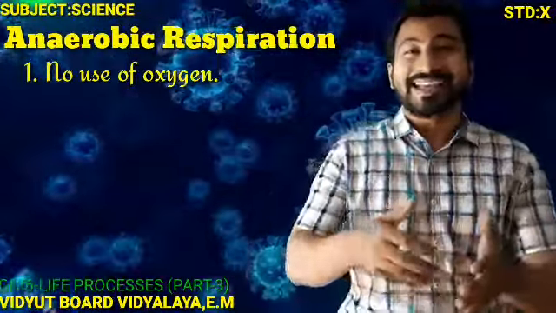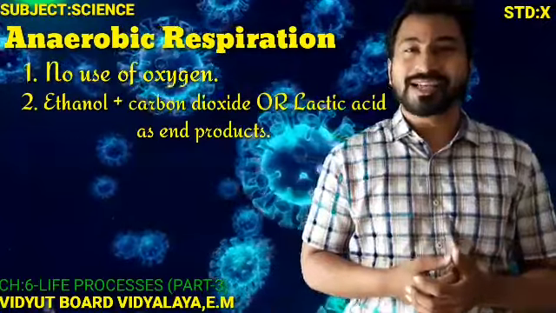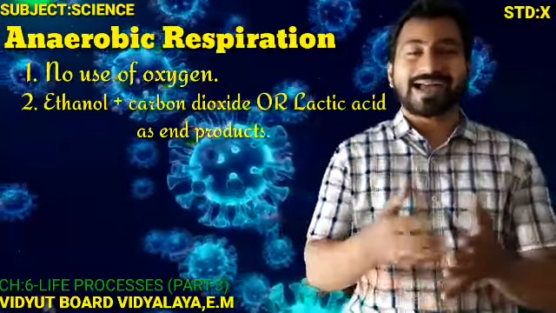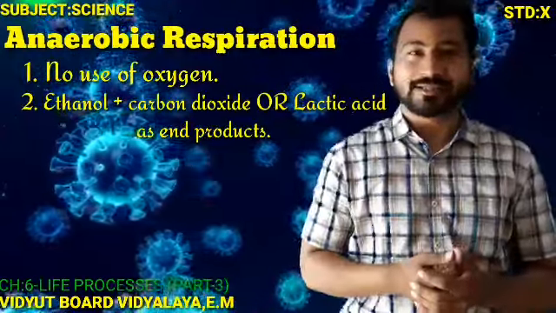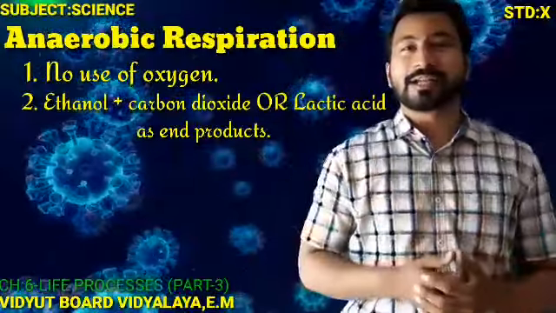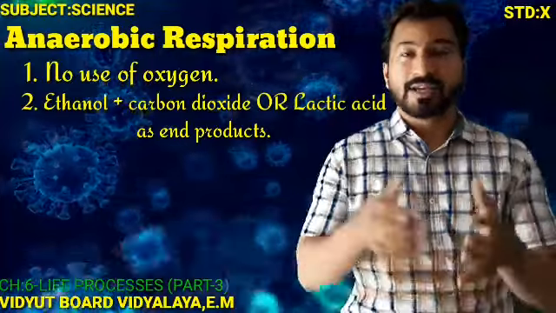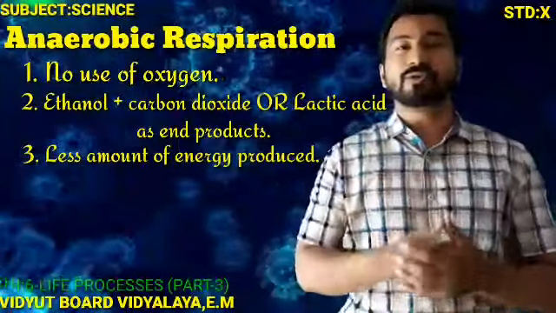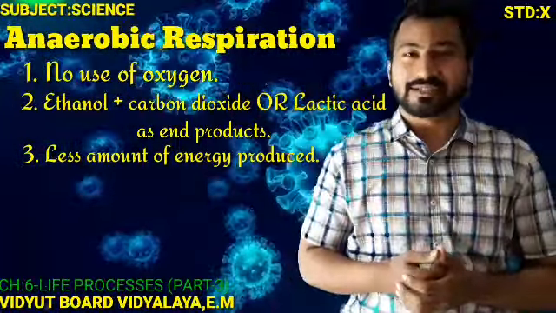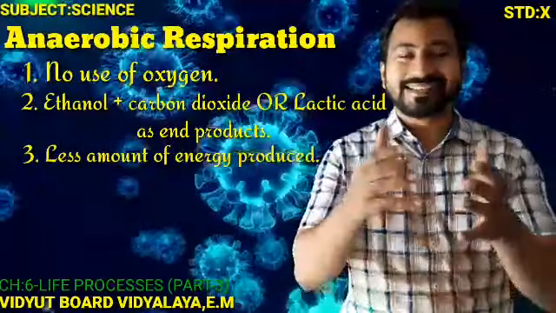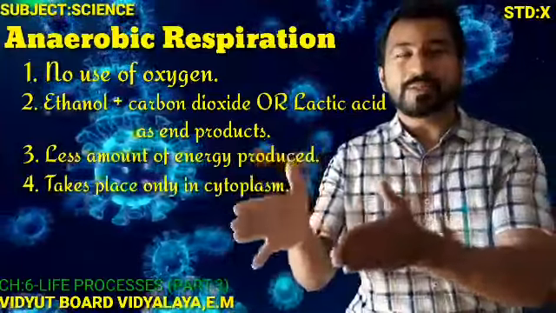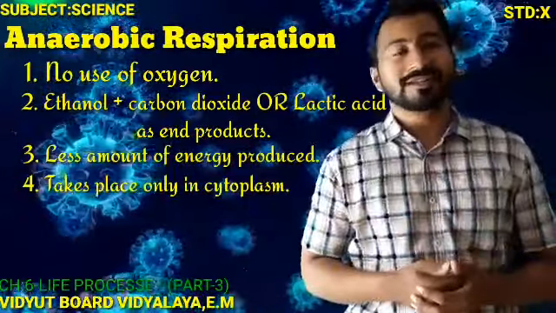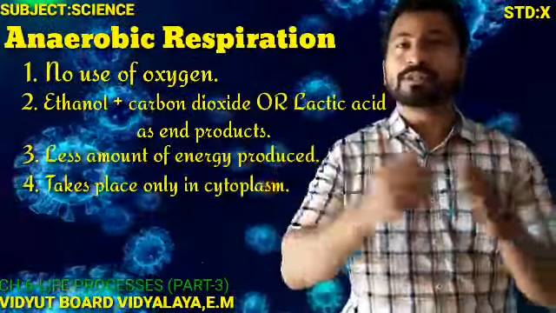Furthermore, the end products of this kind of respiration are either ethanol or lactic acid with the release of carbon dioxide. Here, very little energy is generated, and this kind of respiration takes place only in certain specific regions of the cell, not in all the regions.